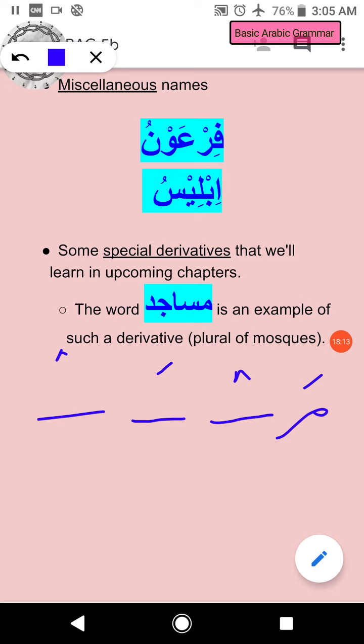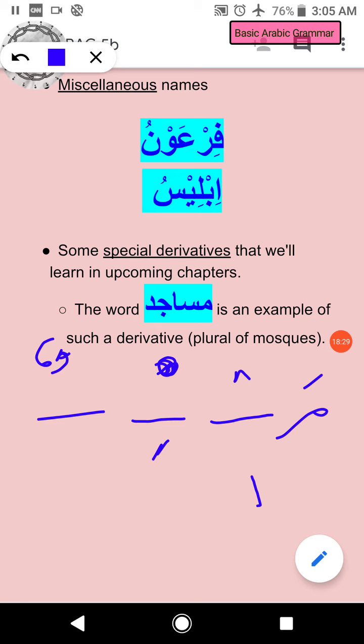Okay, so how about I make it must, and then instead of zabar I make it zir, and I make it un.